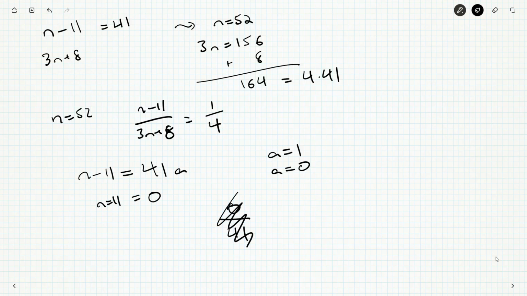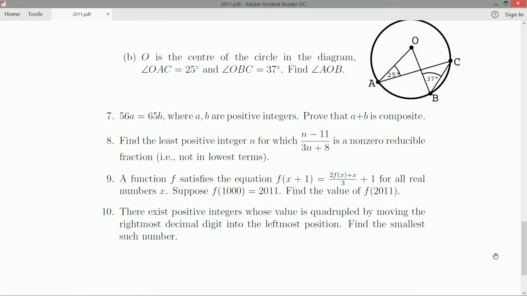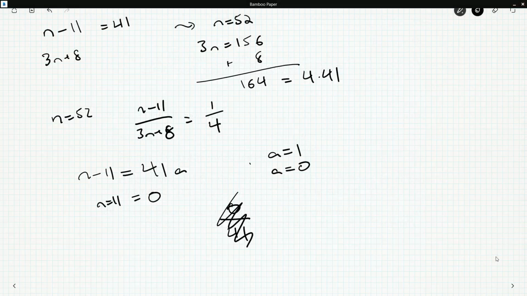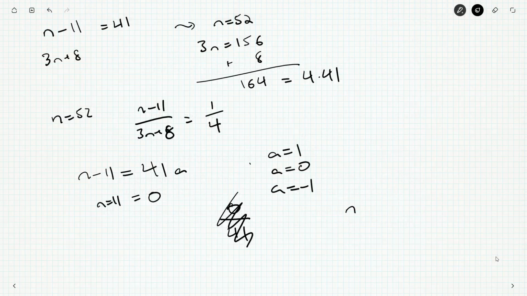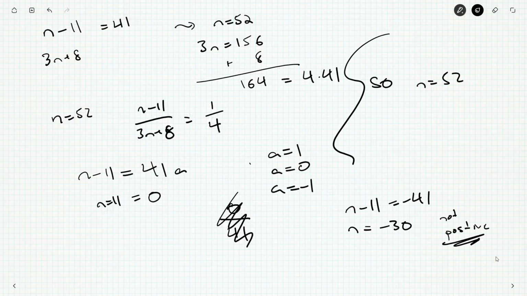But they said a non-zero fraction, non-zero reducible fraction. So what if we go a little lower? A is negative 1, then n minus 11 is negative 41, and n is negative 30, not positive. So n equals 52 is the smallest.